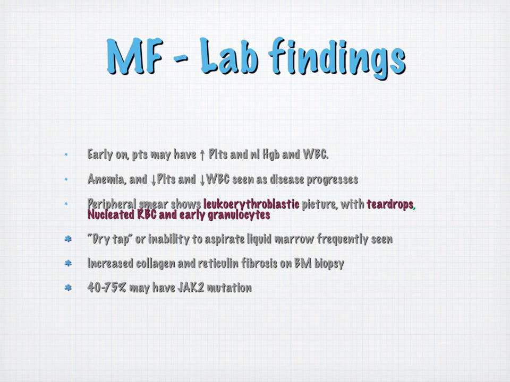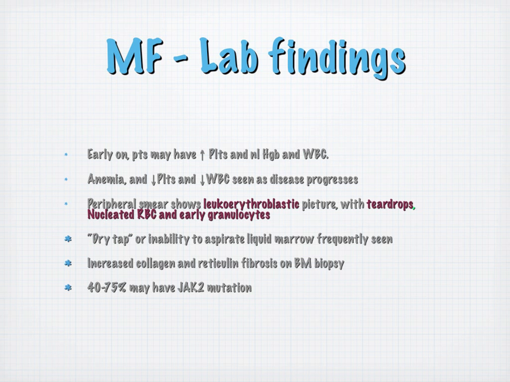Lab findings: early on, patients may have increased platelets and normal hemoglobin and white blood cells. Anemia and decreased platelets and decreased white blood cells happen as the disease progresses. And your peripheral blood smear is going to show a leukoerythroblastic picture. So you're going to have teardrops, nucleated red blood cells, and early granulocytes.